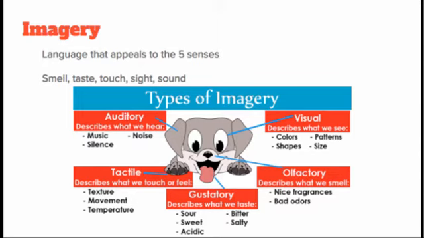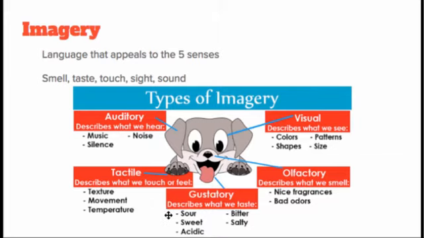So we are talking about language that describes what we hear, so auditory types of language, which includes music, silence, noise. We're going to include tactile types of imagery. So this would be description that has to do with how things touch or feel. We're going to talk about taste.